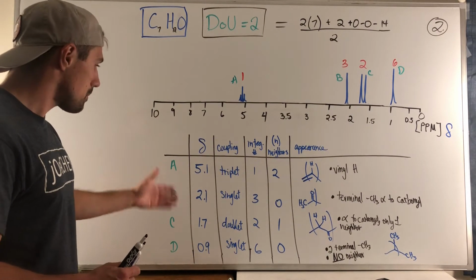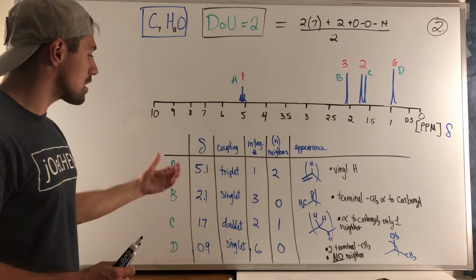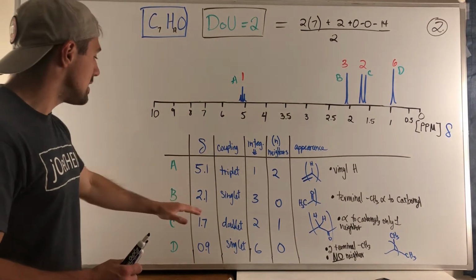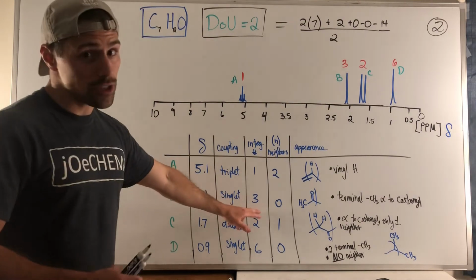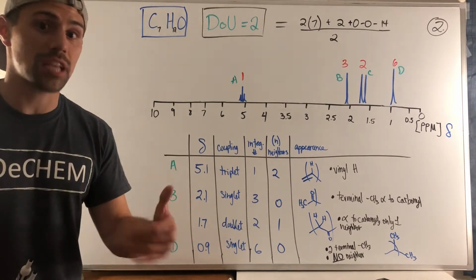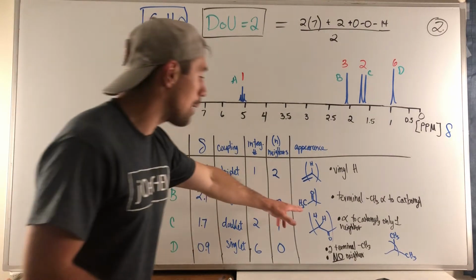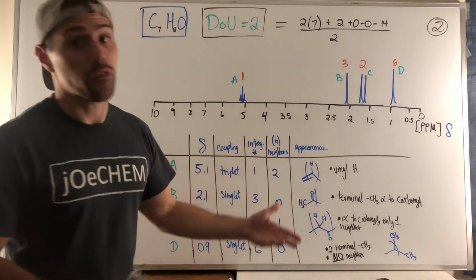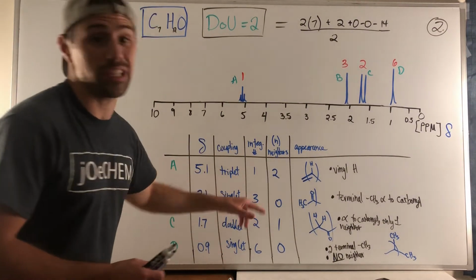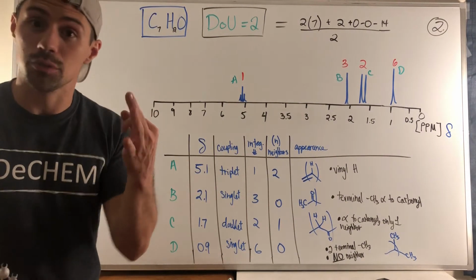Going through, we see B and C are in the high 1s, low 2s, and we see specifically that B has an integration number of 3, it's a singlet, and it has that alpha to the carbonyl type chemical shift, so it looks like it's alpha to the carbonyl. On one end it's terminal, because it can't be in the middle of the chain if it has 3 hydrogens.